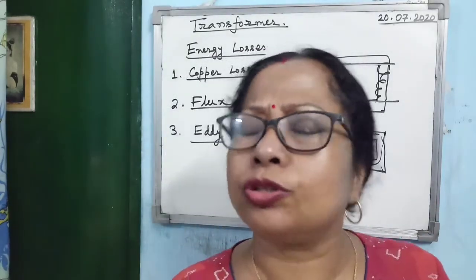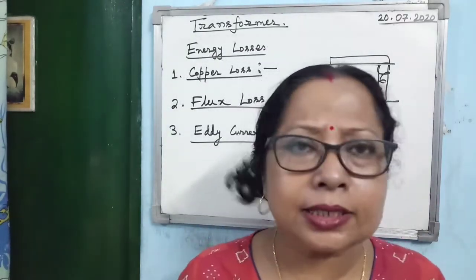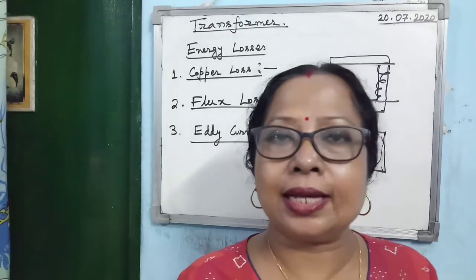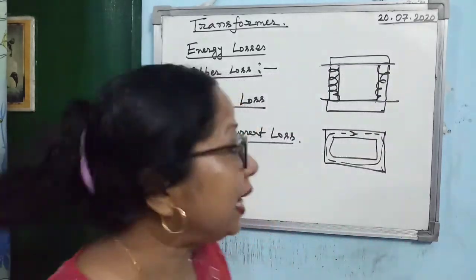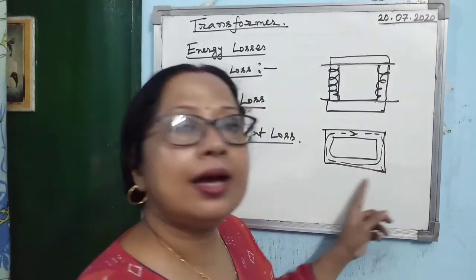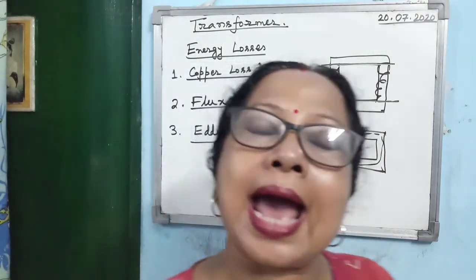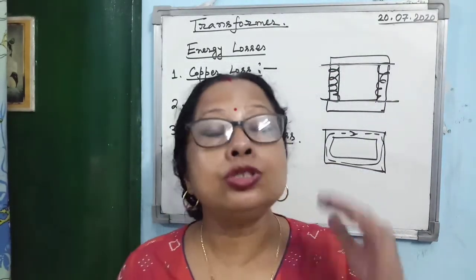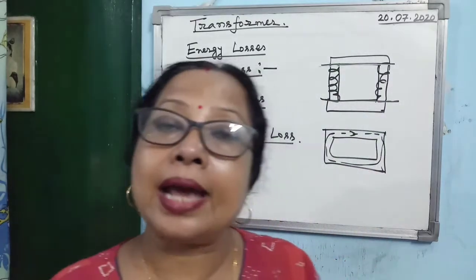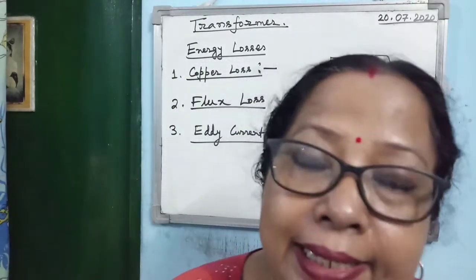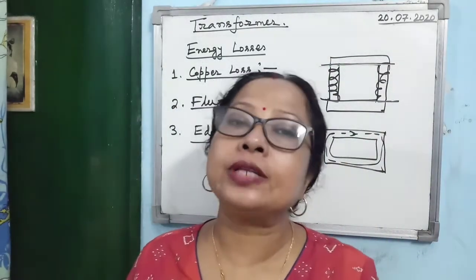The energy for this eddy current comes from the input energy. So the loss of input energy in the form of eddy current within the core is known as eddy current loss. How to minimize eddy current loss? By using a laminated thin soft iron core.